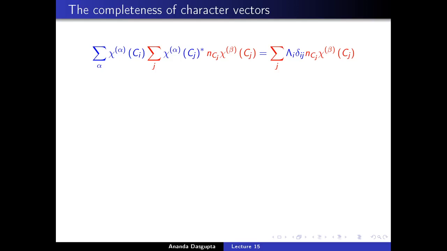And this will simplify to the expression sum over all alpha chi alpha ci times mod g delta alpha beta. This of course comes from the character orthogonality theorem, and that's equal to lambda I times nci times chi beta ci.